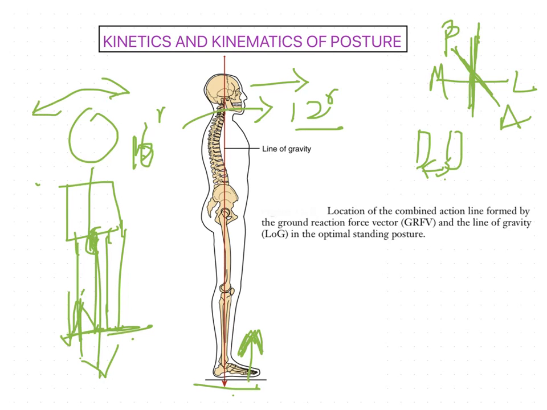As you all know, BOS is the base of support and COG is the center of gravity. Another point is the point of application of the ground reaction force vector on the body, called the center of pressure, COP. It is located in the foot in unilateral stance, and between the feet in bilateral standing posture.